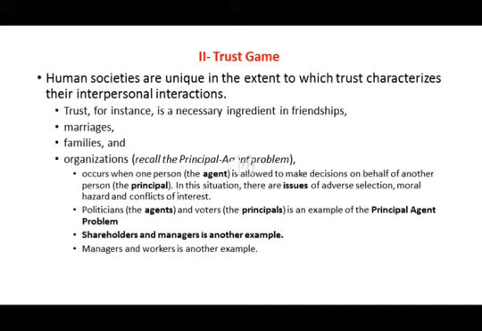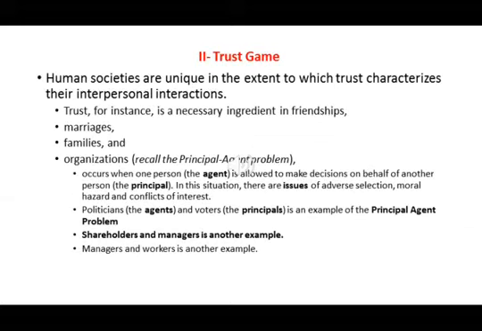Another economic example of a principal-agent problem is the example of shareholders versus managers. Shareholders in this case are the principals, okay, of any company, and managers are the agents who will be taking decisions on behalf of the principals, on behalf of the shareholders, okay.